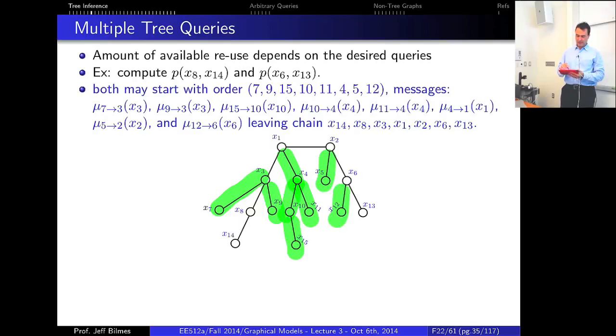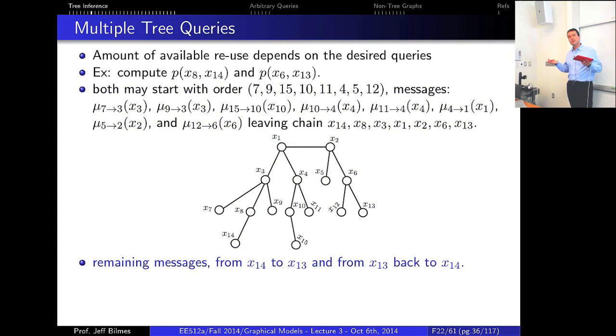I think that's right. And so what we're left with is this residual graph. And that residual graph happens to be a path or a chain between x14 and x13.